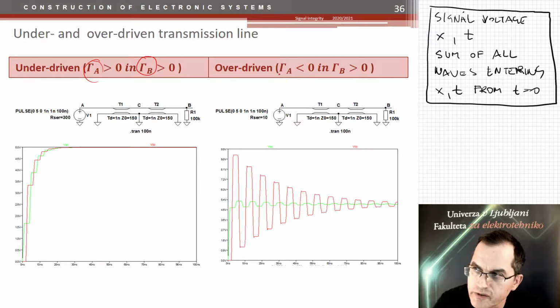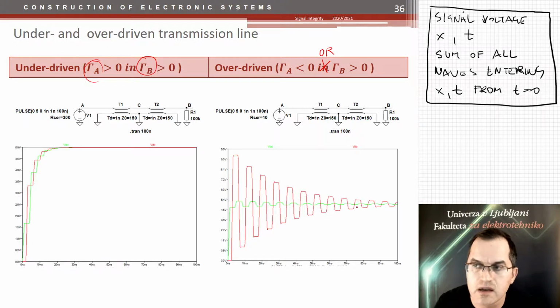Here, the overdriven line, when one or the other is negative, we have ringing. Because if one or the other or even both reflections are negative, then you would get positive and negative waves traveling back and forth, and this will always give you some sort of ringing.